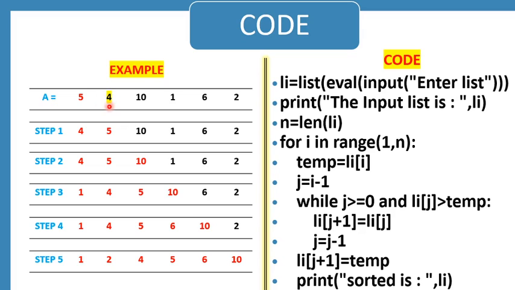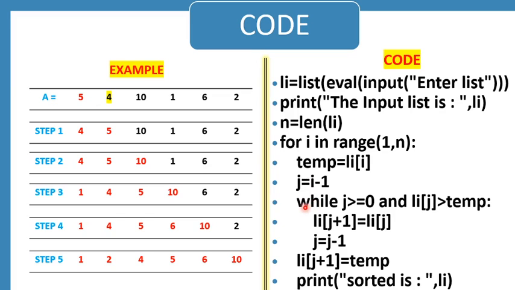The black is the starting point of i, and red is the starting point of j. So here i is 1 and j is 0. Here i is 2 and j is 1. Here i is 3, j is 2. So every time you will see that the value of j is i minus 1. That's why it is j equals i minus 1.